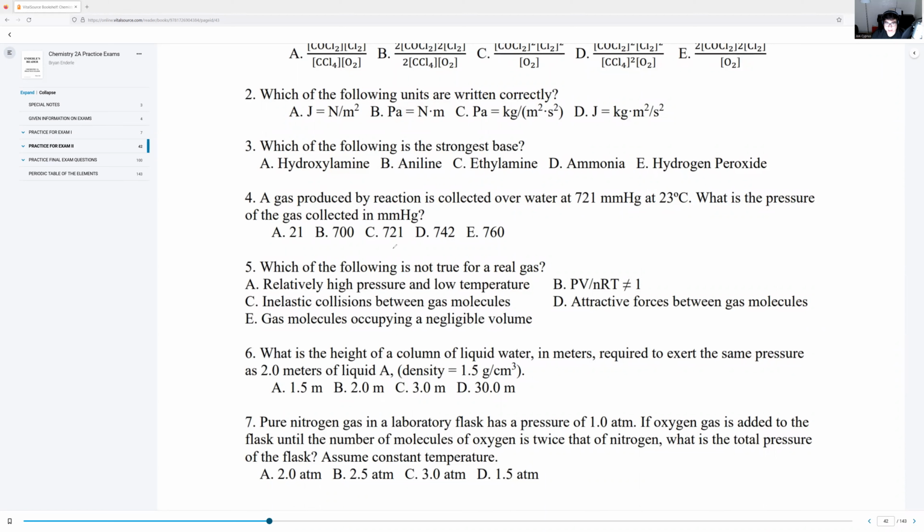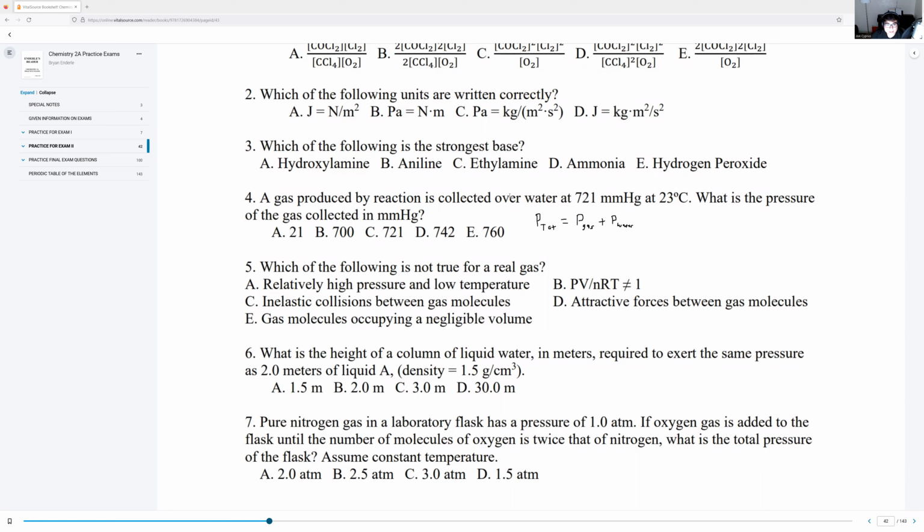When you collect over water, the total pressure is defined by the partial pressures of each gas, but you also have the partial pressure of water from the water evaporating into the system. So I'm going to subtract the pressure of water here to get the pressure of the gas.